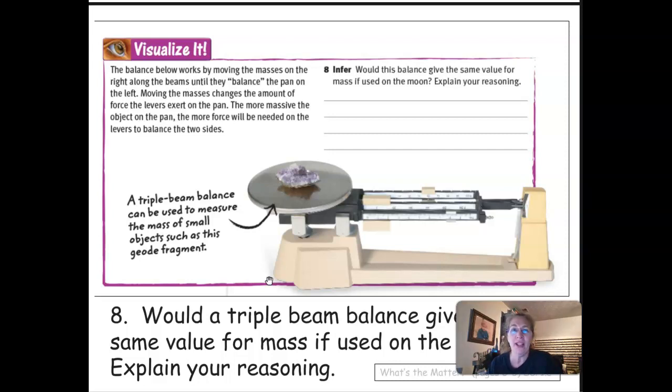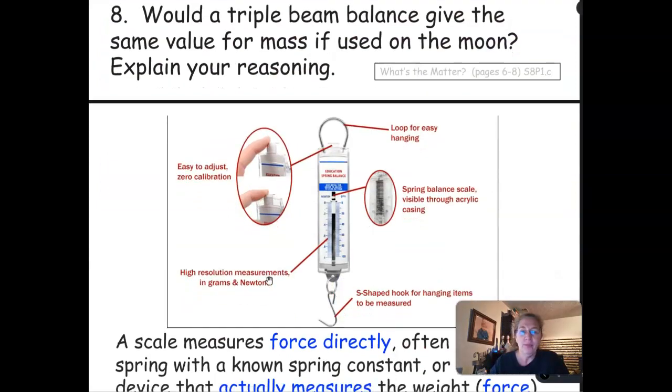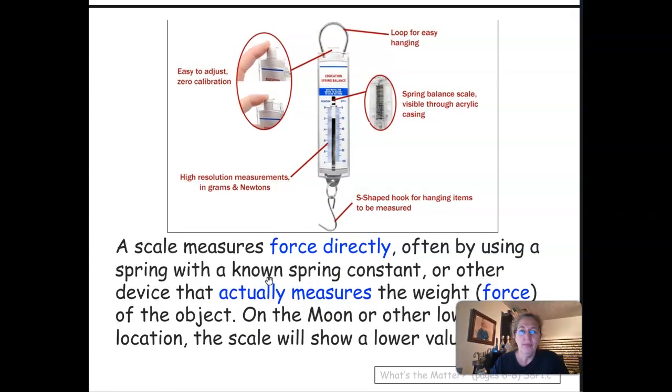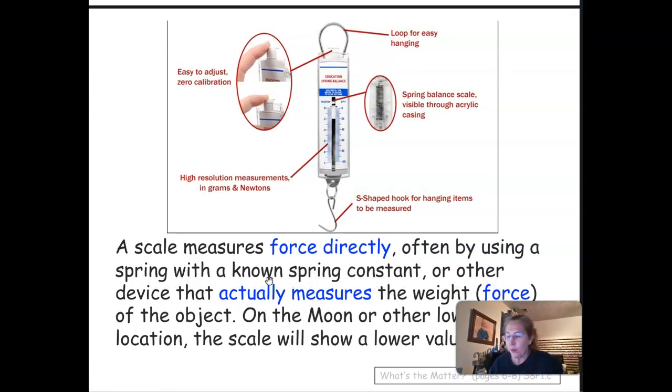So the triple beam balance would work the same. Here's an example of a spring scale. A spring scale actually takes into account the force of gravity, the downward pull on a mass due to gravity. So a spring scale measures weight.